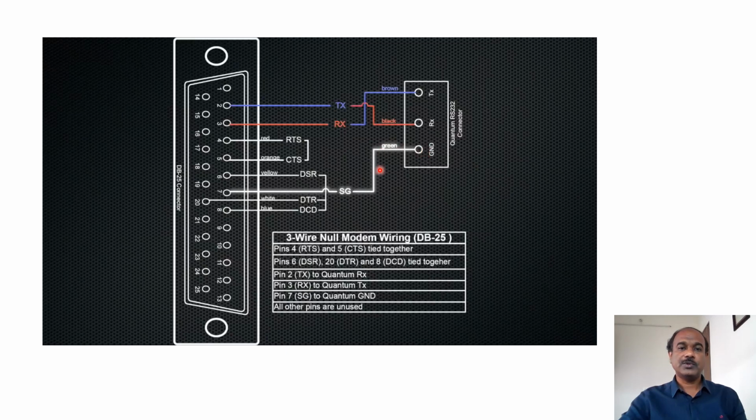Then the ground of the cable should be connected to the ground. The request to send and clear to send should be shorted together, and the data set ready, data terminal ready, and data carrier detect, all three lines should be shorted. So this is how we have to use the RS-232C cable.